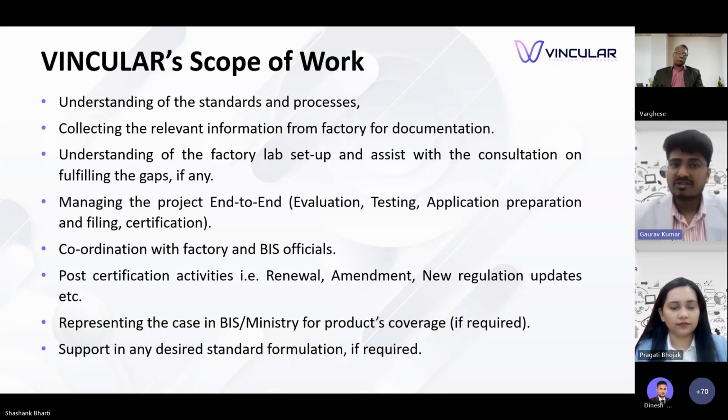Managing the project end to end, right from day one till getting the certification, everything will be well managed by the Vincular team. You don't have to worry about evaluation, testing, application preparation, filing, certification.